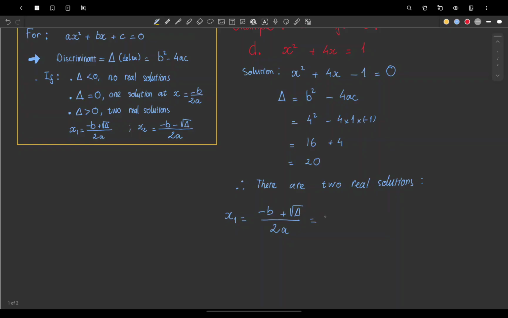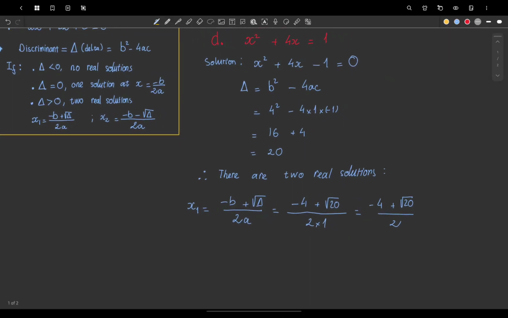So negative b is negative 4, plus the square root of 20, over 2a, which is 2 times 1. So you can have negative 4 plus the square root of 20 over 2.